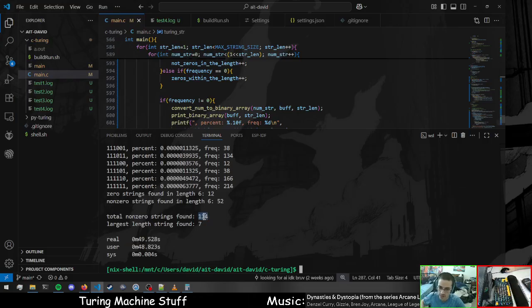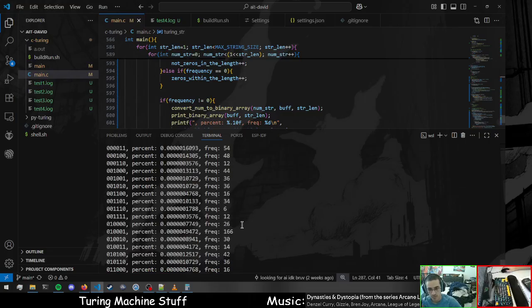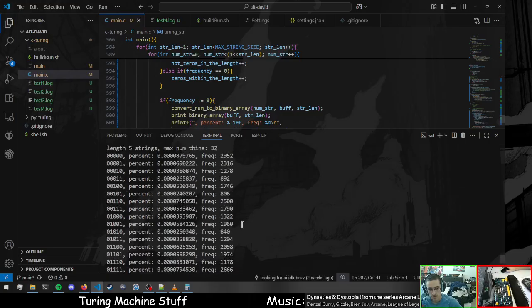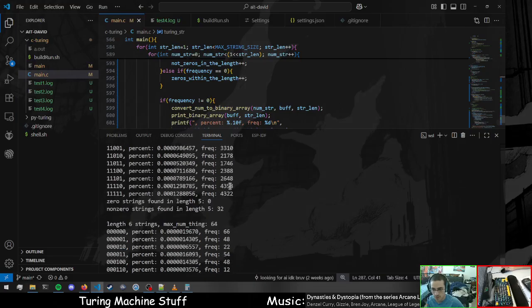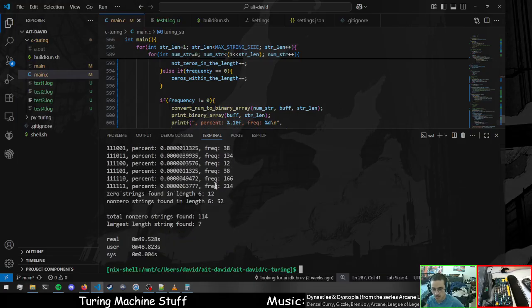So I found 114 non-zero strings, apparently. That's not technically correct, is it? Kind of weird, because we only go up to 6.